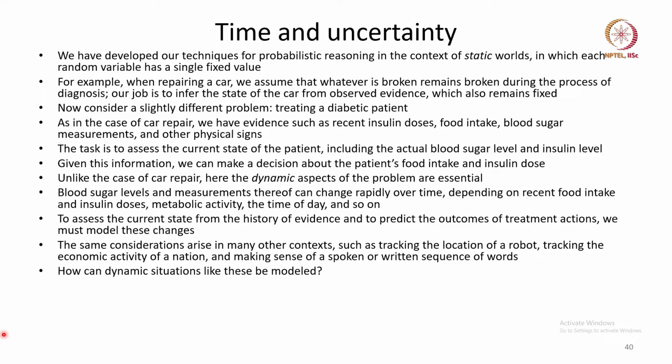So this includes things like what blood sugar level they have, what insulin level they have, and things of that sort. So we make a decision on this, and as you do this, the patient has some particular food intake and some insulin dose that he is going to take. Because of that, the condition of the patient keeps changing. So what you have is a dynamic problem, not a static problem.